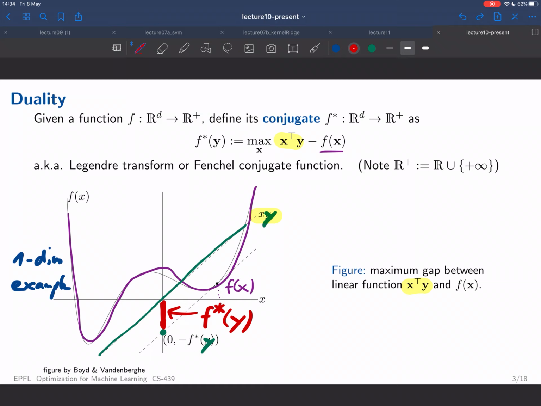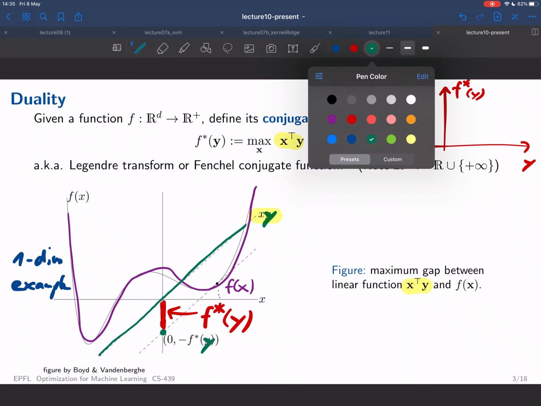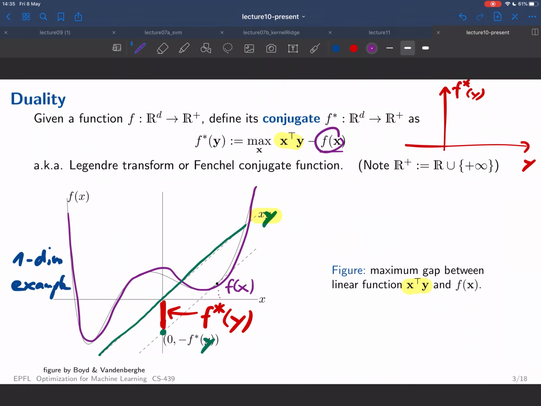The nice thing here is that this is a maximum of many functions in y. This whole thing is a function in y. So if you plot f star against y, you have many functions depending on y, and they all happen to be linear functions, because f of x does not depend on y.